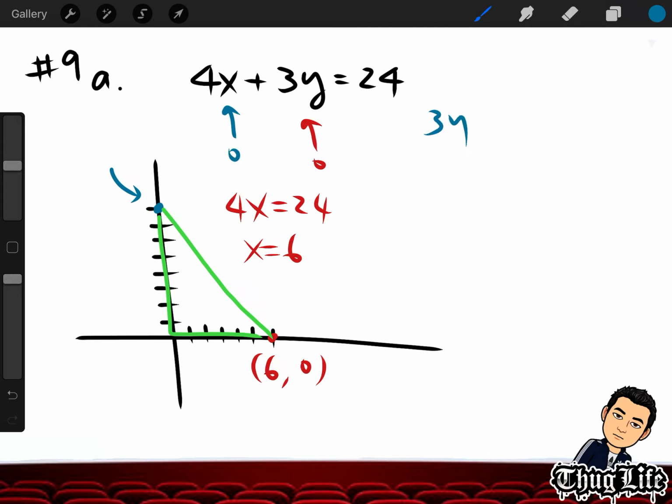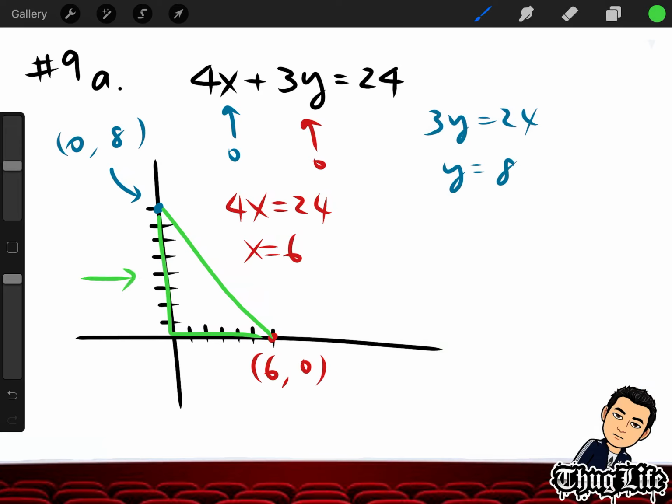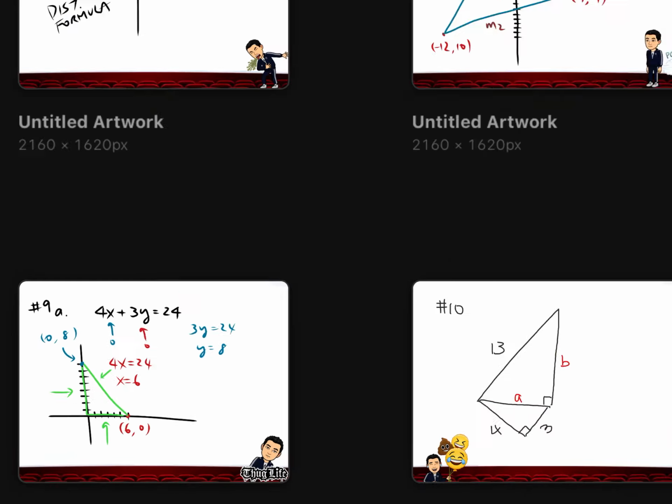So I have 3y equals 24, so y equals 8. This is at 0, 8. After you draw those two points, you can come up with the triangle. You see that this is the xy axes, and this is the line formed by the two points. That'll give you a triangle right there.